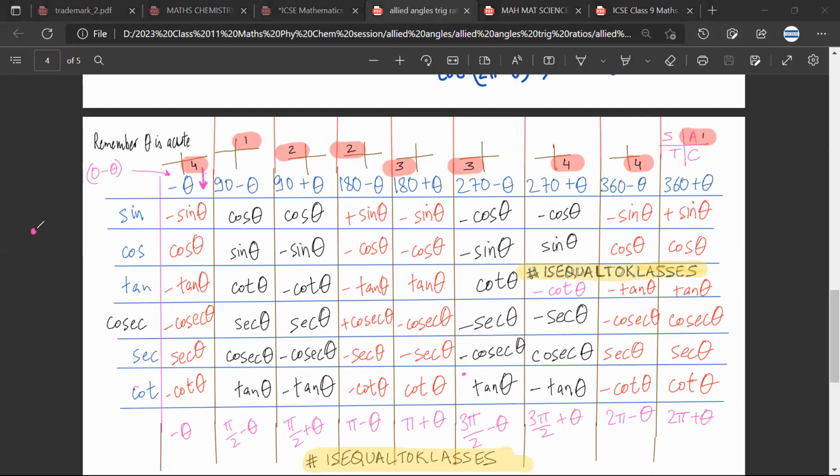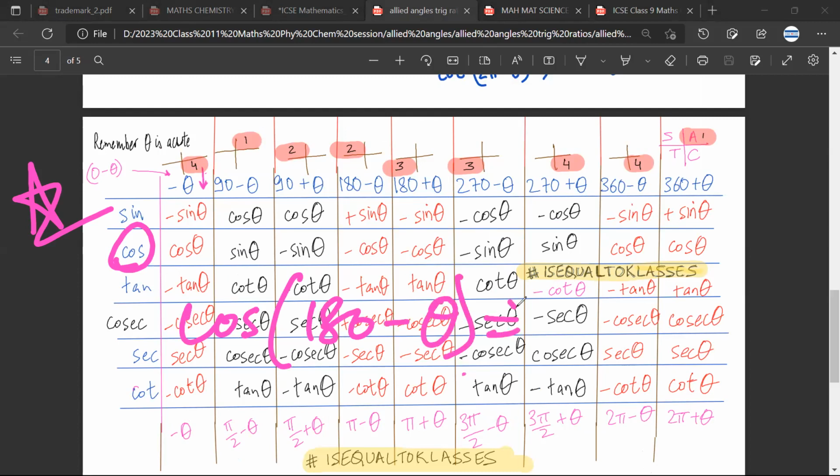Any doubt? No. So basically, how we read this table is that if I ask you what is cos 180 minus theta, you should be able to tell me that this is minus cos theta.